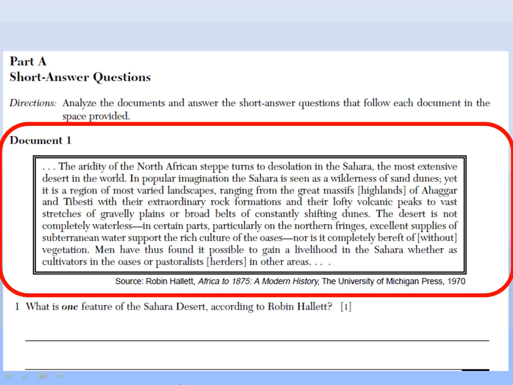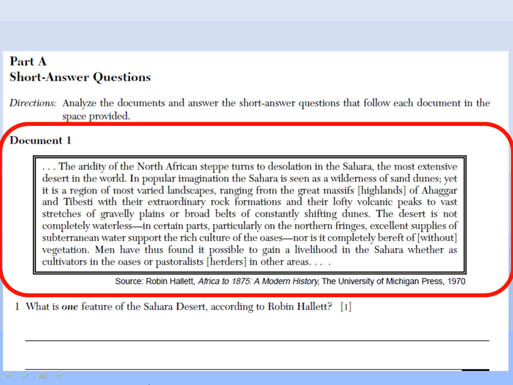You should first take a look at the source, and the source is Robin Hallett, Africa to 1875, A Modern History, from the University of Michigan Press in 1970. The document says, the aridity of the North African steppe turns to desolation in the Sahara, the most extensive desert in the world.